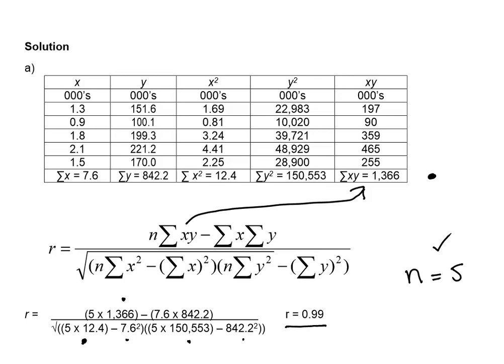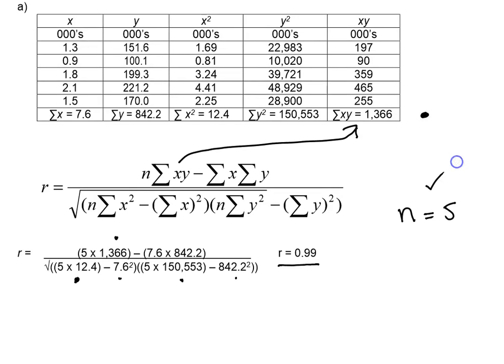We can then go on to calculate r squared, and when we calculate r squared, this will come to 0.98, and this means that 98% of the changes in sales can be explained by the changes in advertising.